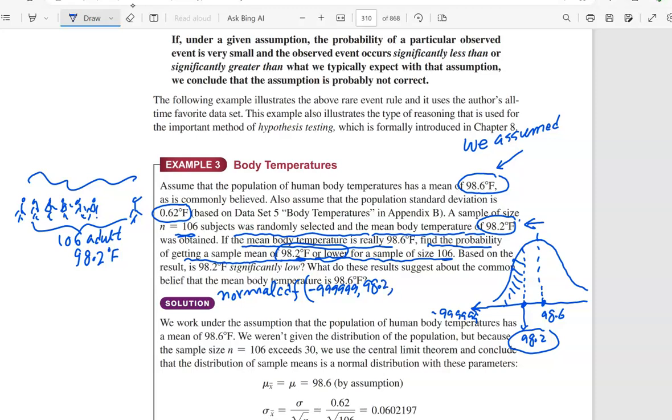And then 98.6, that's the mean. What is the standard deviation? 0.62. But remember, you have to divide by what? How many people are we talking about? 106. So the square root of 106, that's what you need to put.